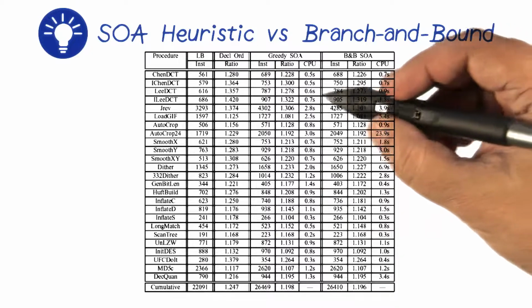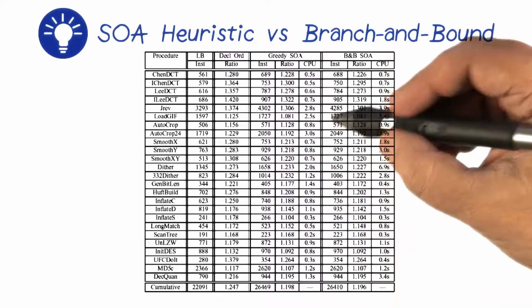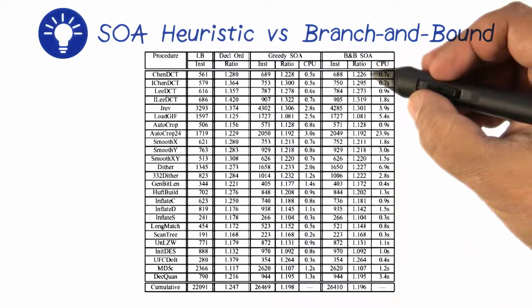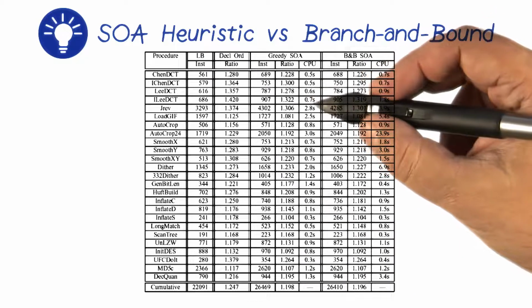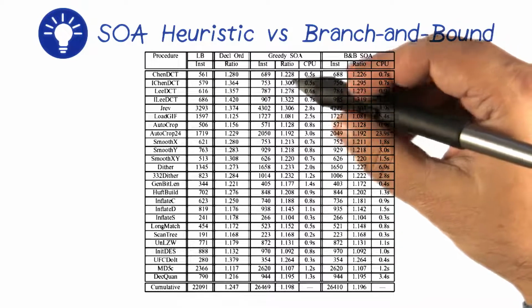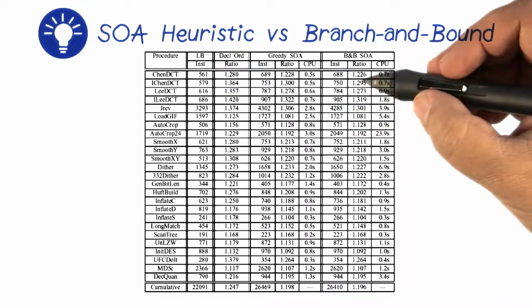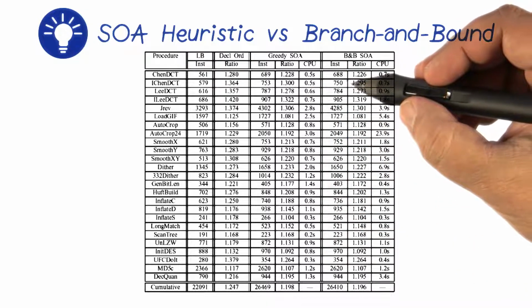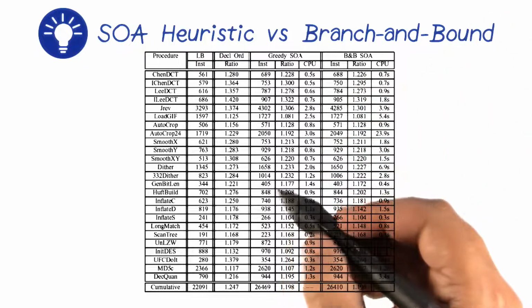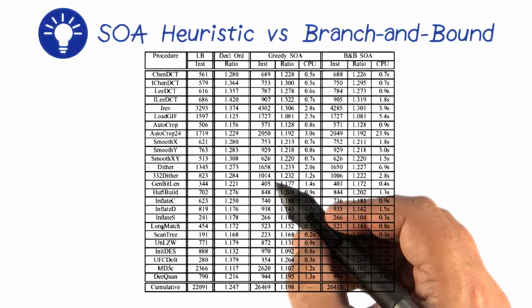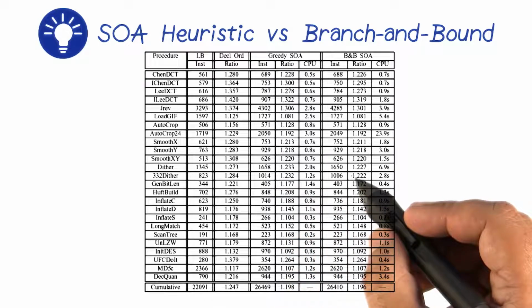So you can see that in general, the branch and bound SOA performs slightly better than the greedy SOA. What we have here is the instruction counts that are generated by both of these algorithms. Again, the goal here is to minimize the code space. And so you can see here that for certain large-scale benchmarks, we have certain savings from the branch and bound algorithm.